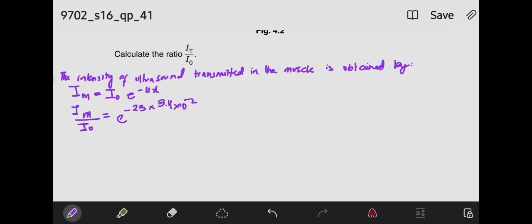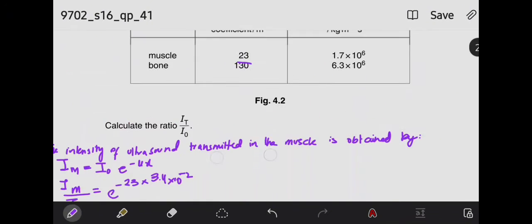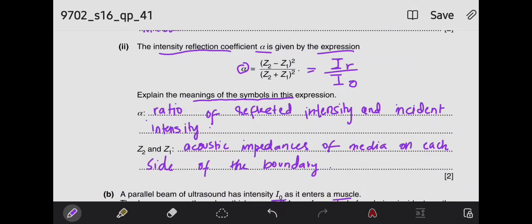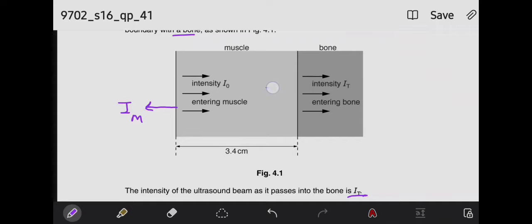Now what we can find out is this alpha that we saw here, the intensity reflection coefficient. So if you look at the diagram, what is coming at this boundary is I_M over I naught, because this is the fraction of the intensity that was transmitted in the muscle. So this is coming here.